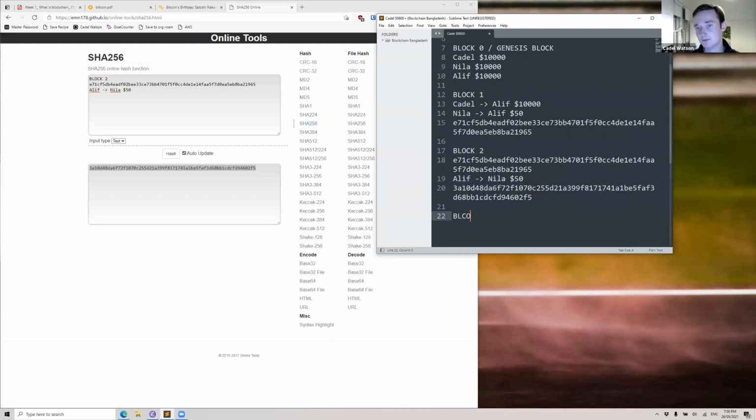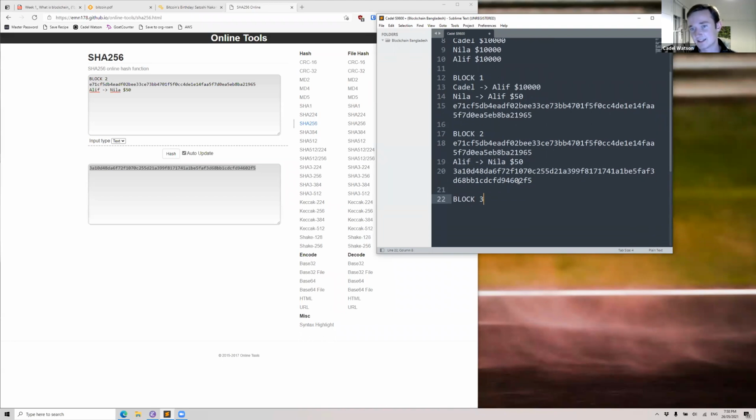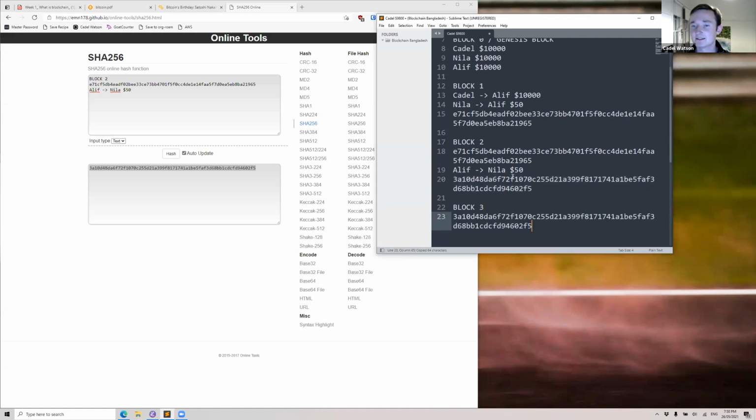And if we have a new block 3, it starts with the hash of block 2 and so on. So we get these links here. Then if I've got block 3 and I look at the rest of my database, I can check the hashes of each of the previous blocks to make sure they haven't changed because I've got that link.